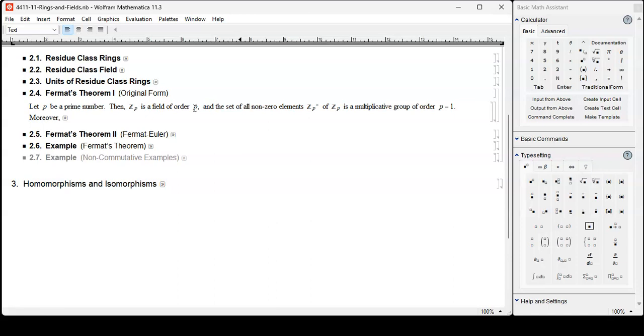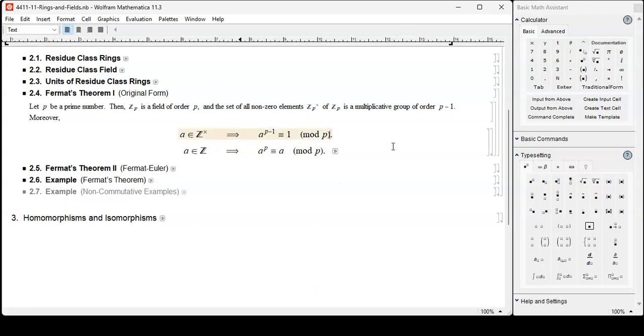So Zp is a field of order P. Yes, we did it. And Zp star is a multiplicative group of order P minus 1. We did that too. And then finally, the punchline. The real deal. For any non-zero integer a, a to the p minus 1 power is congruent to 1 modulo p. That's Fermat's theorem.